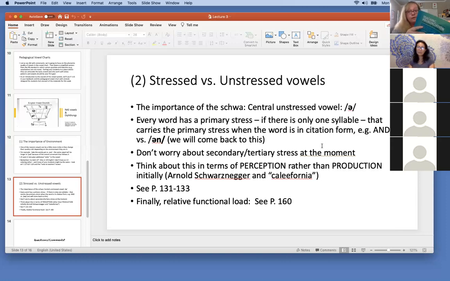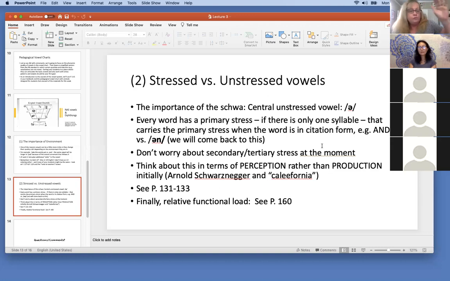Again, the second one, the one that always comes up with Spanish speakers and many other speakers, is the E versus I. That has a 95% high functional load, meaning that if you can't do that difference between those two, that's going to be potentially highly problematic for intelligibility.